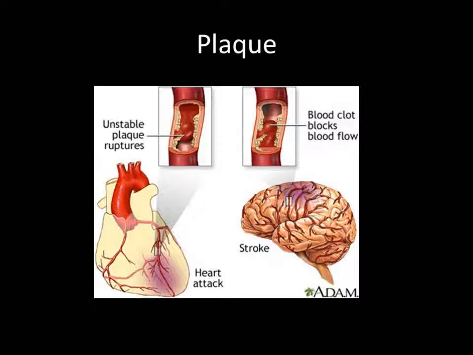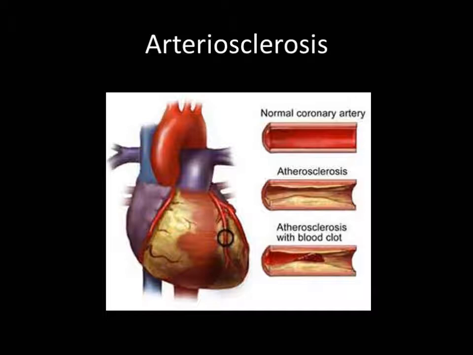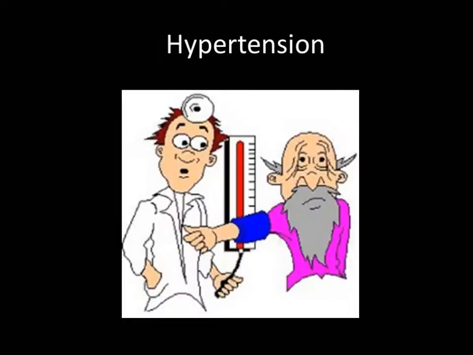The rough lining of atherosclerotic arteries seems to encourage the adhesion of platelets, triggering the clotting process and interfering with circulation. Hypertension, or high blood pressure, promotes atherosclerosis and increases the risk of heart attack and stroke.